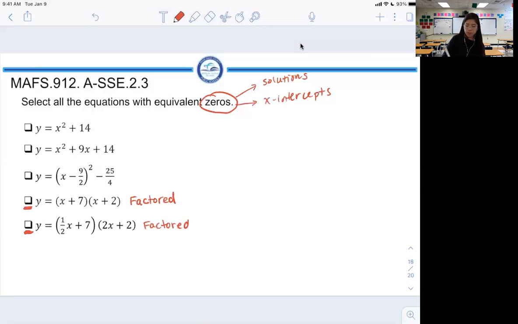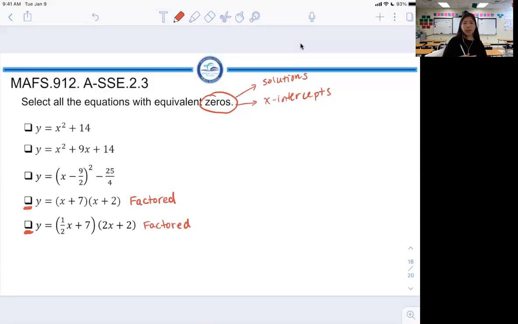So it doesn't matter that it looks like the slope? That's not a slope. It looks like a slope, but it's not. So yes, that's factored. What's the first two, A and B? They are quadratic.